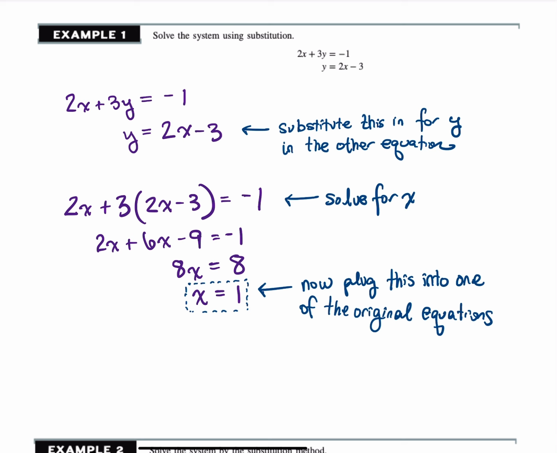But we could plug into either one. So it was y equals 2x minus 3. So instead of x, I will plug in that +1. So y equals 2 minus 3, which is -1. So we know that x is equal to +1, y is equal to -1. So our point, which is a solution, will be the point (1, -1).